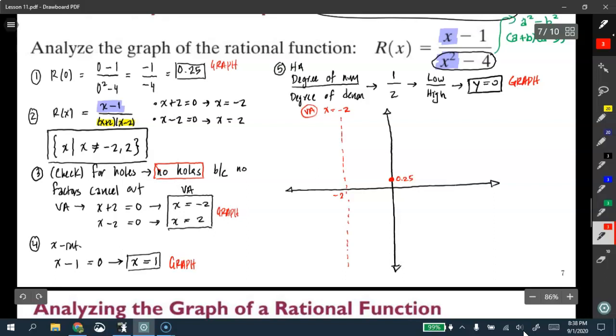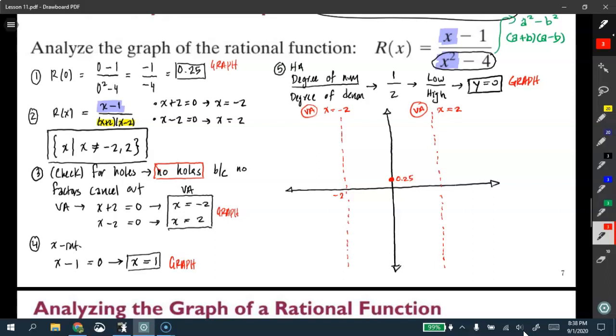My second vertical asymptote is exactly the same distance, but on the other side of the y-axis. So here is my vertical asymptote number 2, and that one is at x is equal to 2, and again, there's my vertical asymptote. Okay, now that we've done that, the next thing that we can focus on is the x-intercept.